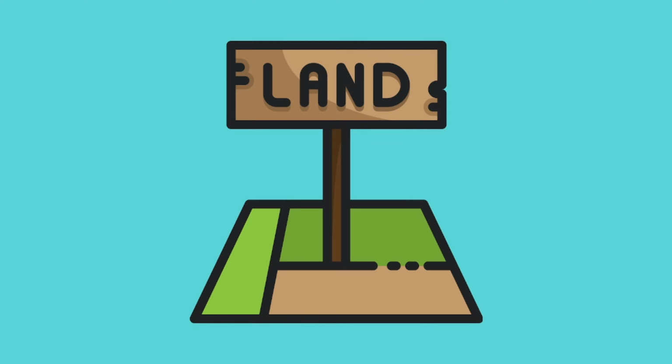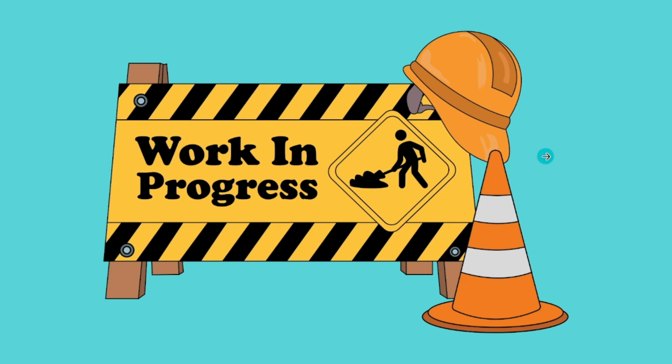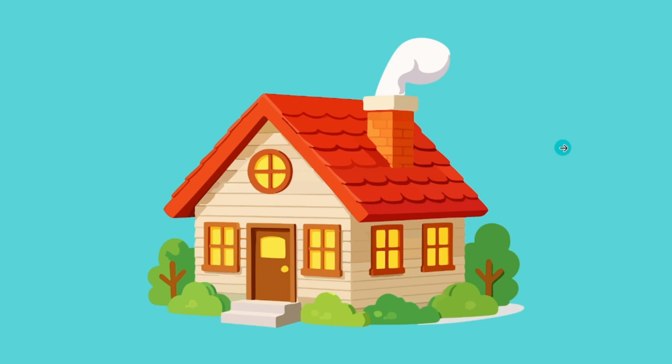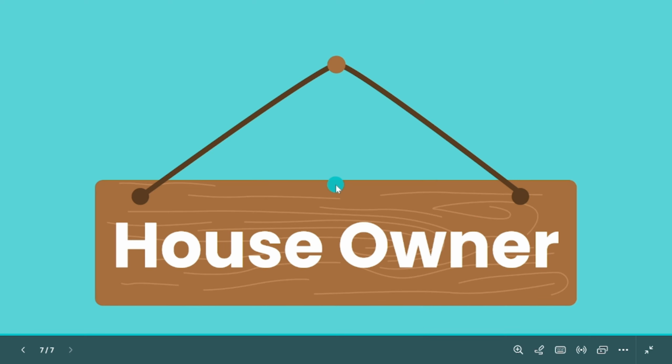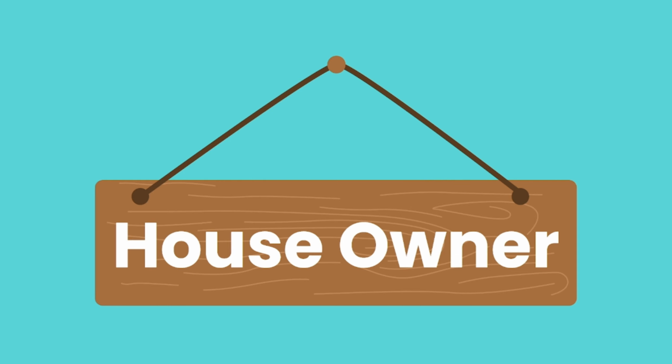You do not just start building your first property on someone else's land. You will have to register that land with your own name. Then there is a work in progress. There is a construction part where the builders construct a house for you, and then after the construction of your house, you will hang a nameplate right next to the door.